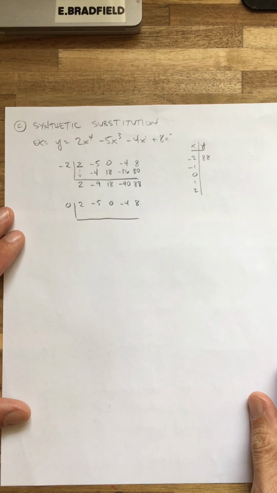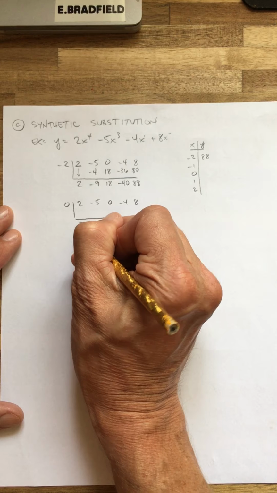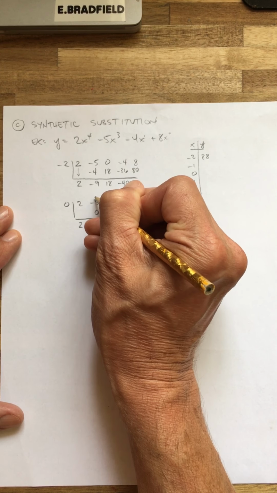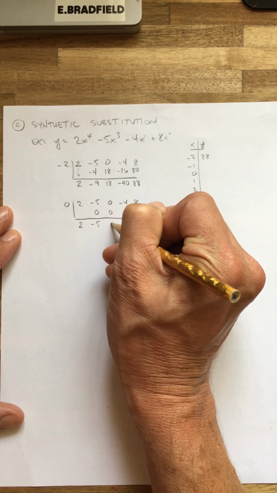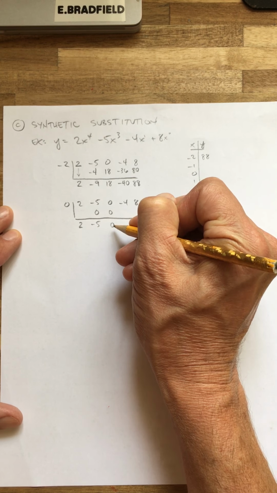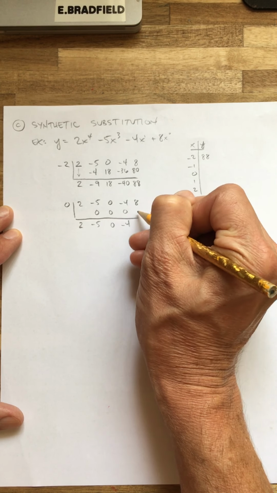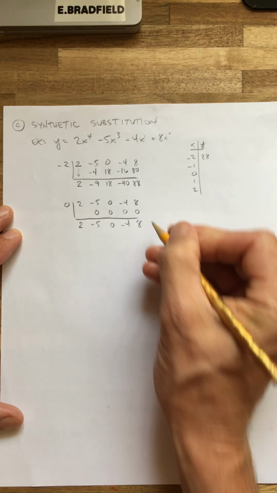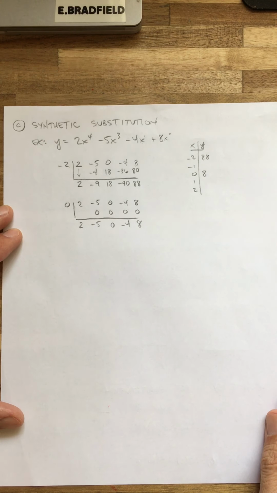Again, if this is going too fast, just hit rewind, okay? All right, so bring down the 2, multiply, add them, multiply, add them, multiply, add them, multiply, add them, we get 8. There it is, right there. So 0, 8. That's how you're going to do synthetic substitution.